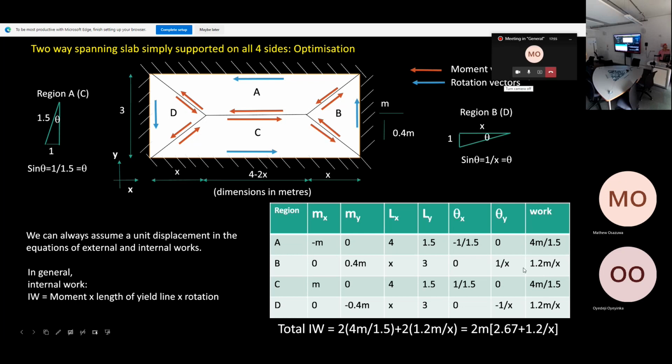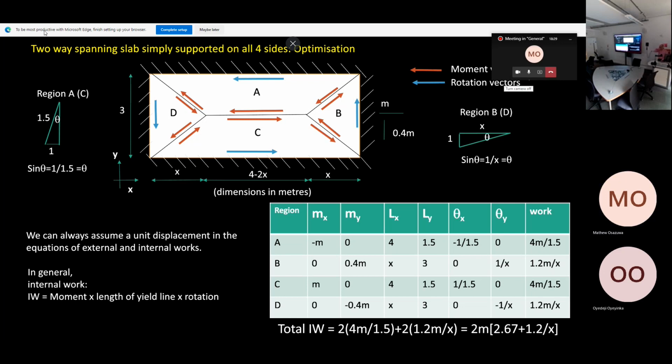By adding these together, you can take 2m outside the bracket, which gives you 2.667, which is effectively 4 over 1.5, and then you have 1.2 over x. Is that clear? The 2.67 here is 4 over 1.5. And this is the internal work.